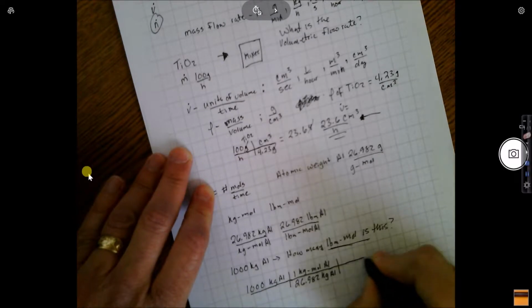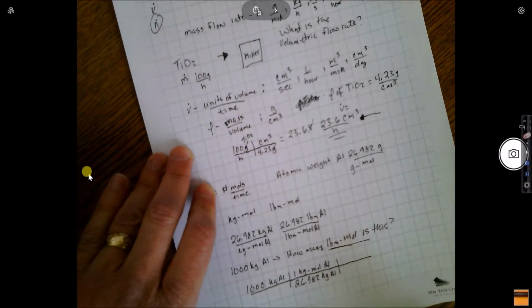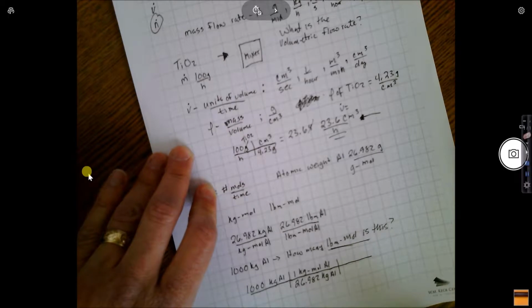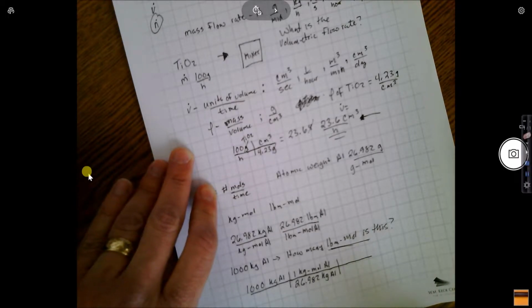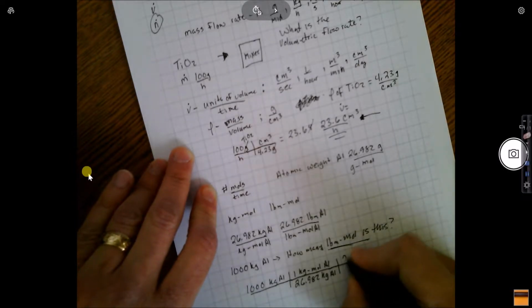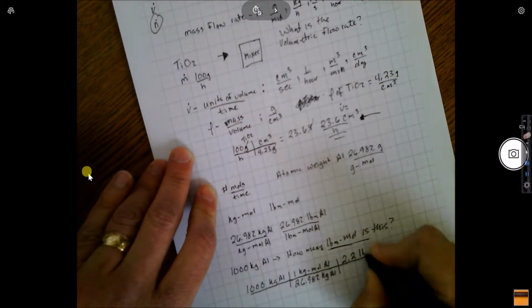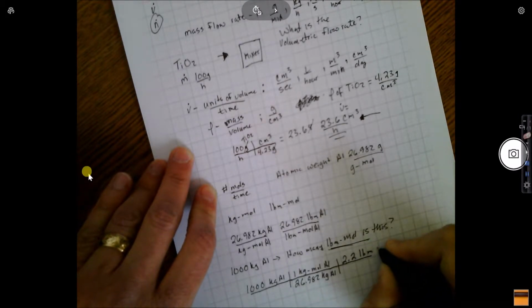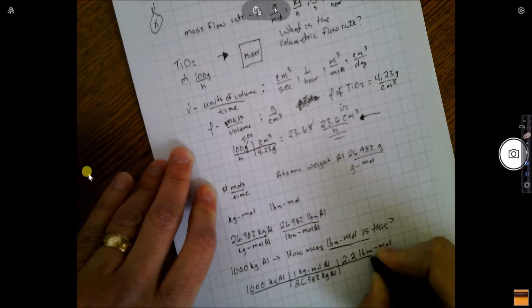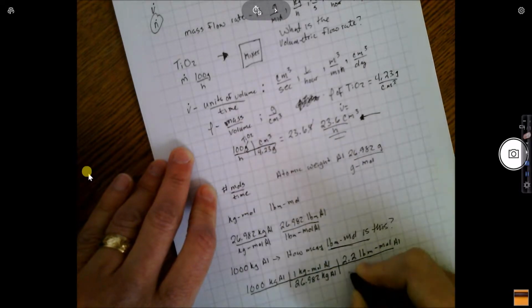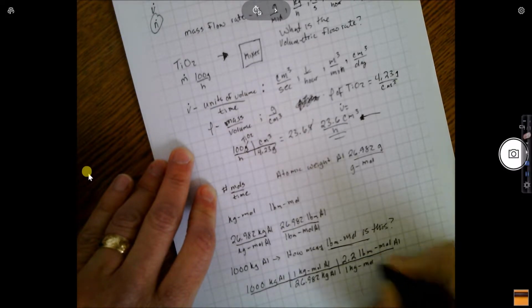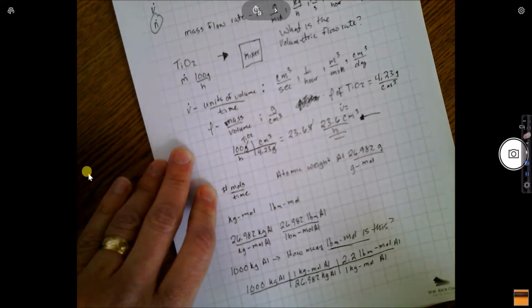The conversion factor between kilogram moles and pound mass moles is the same as converting a kilogram to a pound, okay? So there are roughly 2.2 pound mass moles of aluminum in 1 kilogram mole of aluminum.